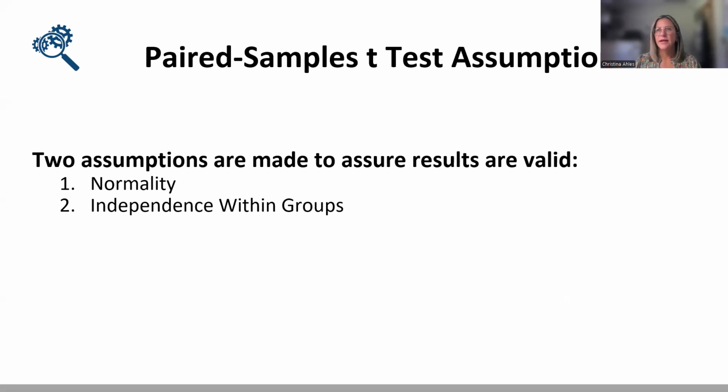That sample of 5 people is in two different conditions. You just need to make sure that the scores within the group are independent of one another, so no individual score is impacted by other scores within that group. You're not participating as a team, basically. You're doing it as an individual.